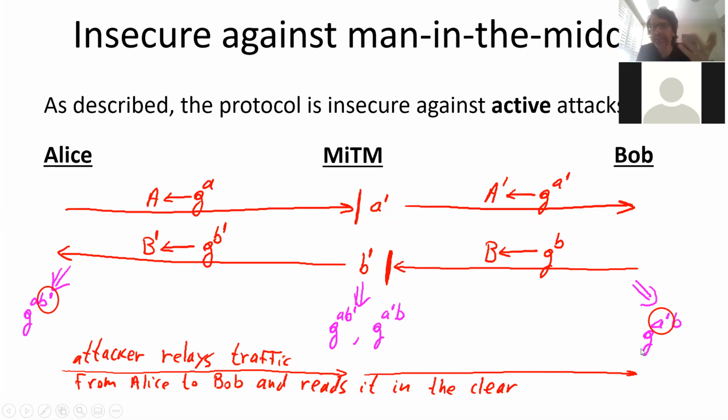So it's a kind of cat and mouse game. We'll come back to authenticating this later on. For now, just see that there's no hope of active attack security of such protocols.